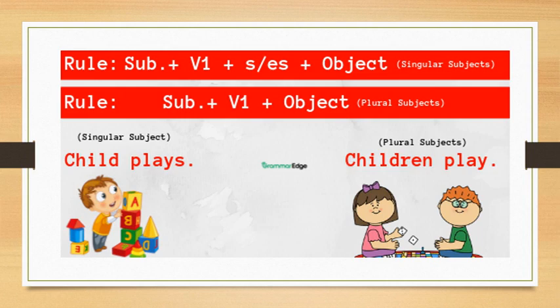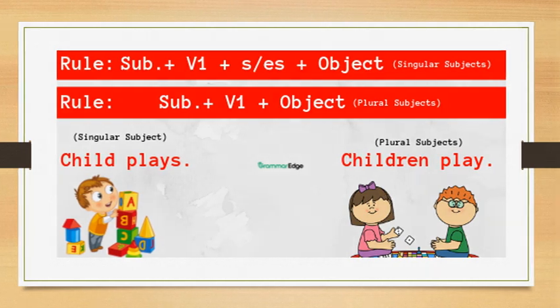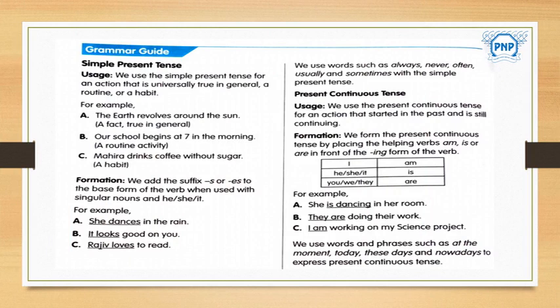Very nice. So let's take a few more rules regarding the same, and we are checking the same from our content book. So in your book these rules are there. Simple present tense, its usage means where we can use it. We use the simple present tense for an action that is universally true in general, like there are a few things which happen daily.